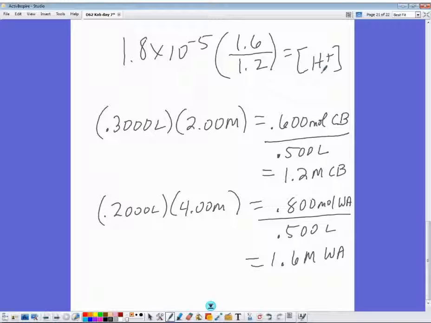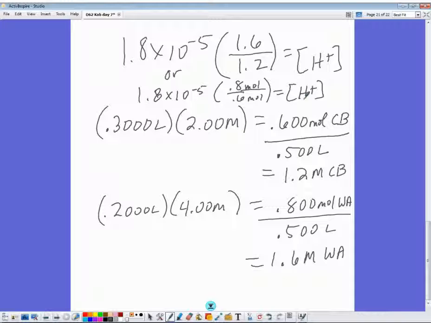Okay? Now, if we go back to my setup, you'll see that technically, yes, you can use molarities, or you could have just said moles over moles, and you would have gotten exactly the same answer.